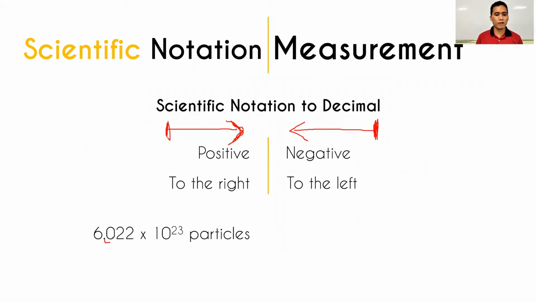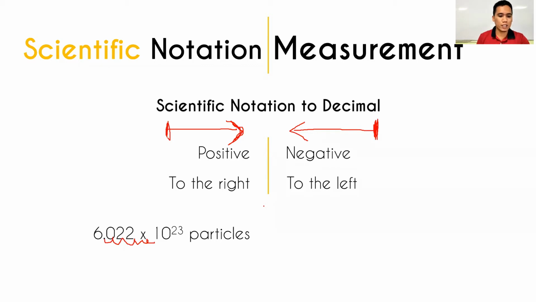So 1, 2, 3, 4, 5, and so on till you reach 23. Sir, what will happen to the movement of the decimal point which has no digit? For those movements that have no digit or no number, just put 0 on it. So in every movement without a number, put 0.